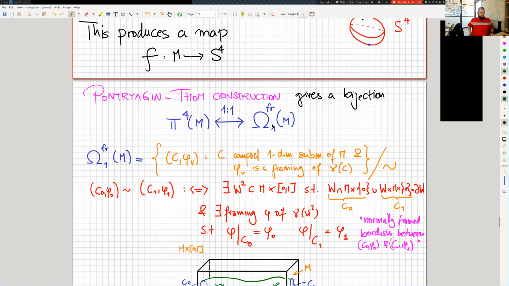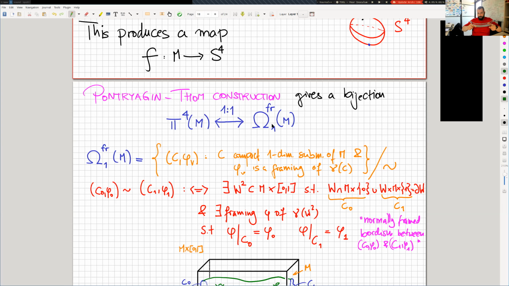Well, what is the addition in here? If you have two normally framed submanifolds of dimension 1, you just take the union. If they intersect, you can homotope them so you make them disjoint. This is nothing else than putting them transversal to each other, because if they don't intersect, they're transversal.